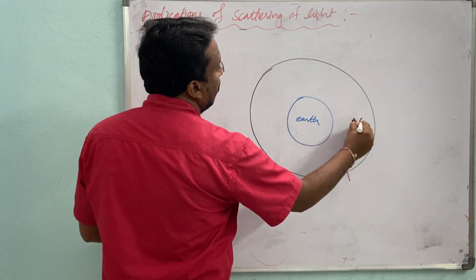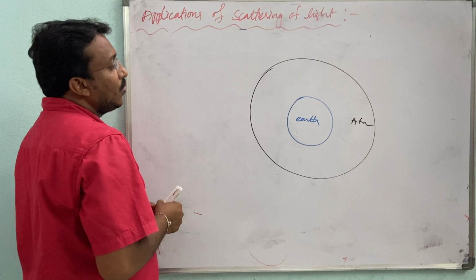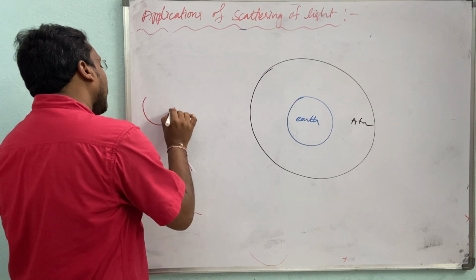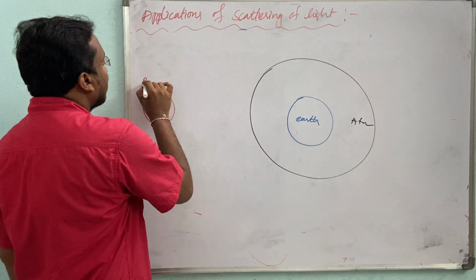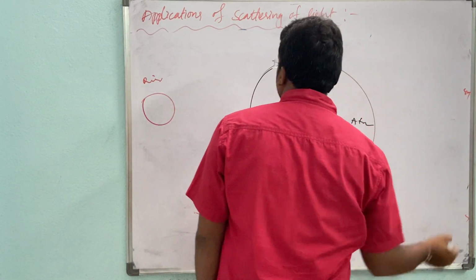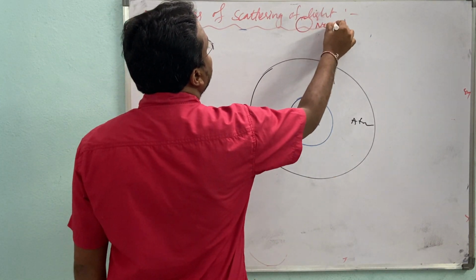Okay, this is called atmosphere. Here it is, right? And you have to notice one thing: the sunrise time, the sunset timings, and the sun at noon timings.